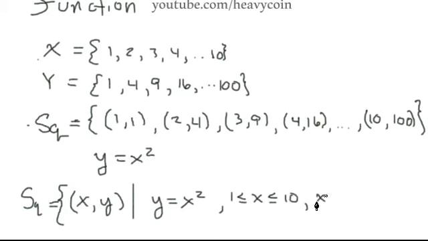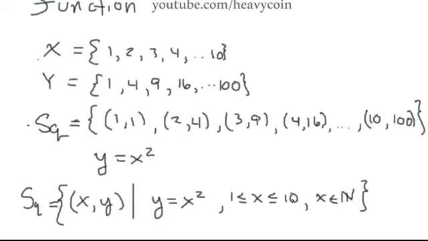Also, we want to say that x is an element of, let's say, N. And I have a section on sets. Well, anyway, N is the set of natural numbers, you know, 1, 2, 3, 4, 5, 6, 7, 8, 9, 10, and goes on forever. Anyway, so this is our domain right here, and I'm defining what x is right here.